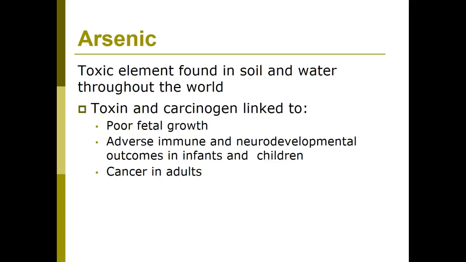Arsenic is a toxic element found in soil and water throughout the world, and it is a toxin as well as a carcinogen. It's linked to poor fetal growth, adverse immune and neurodevelopmental outcomes in both infants and children, and it can also lead to cancer in adults. So again, it's very dangerous.